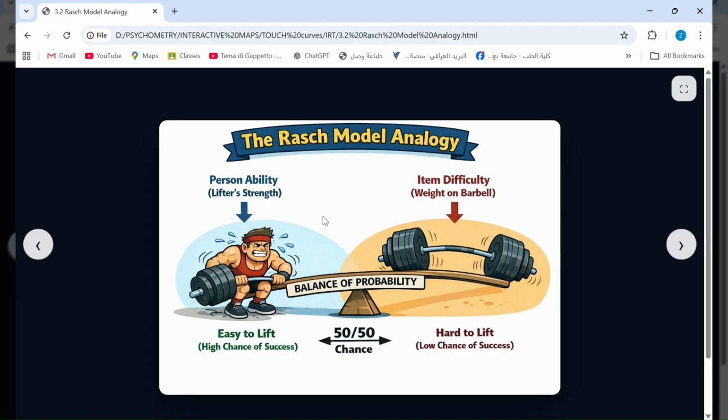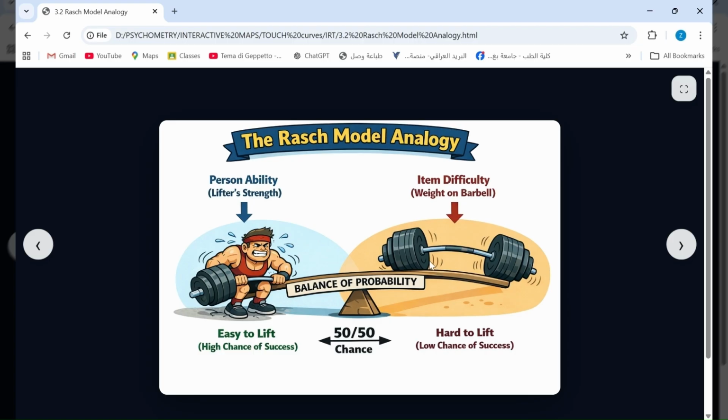The item difficulty never changes unless the item is changing. So each item, like a barbell here, has a fixed difficulty. Like here, this barbell has a fixed weight, not affected by the person who lifts it, unless we change the weight. I mean, remove some rings, then it will change the weight.